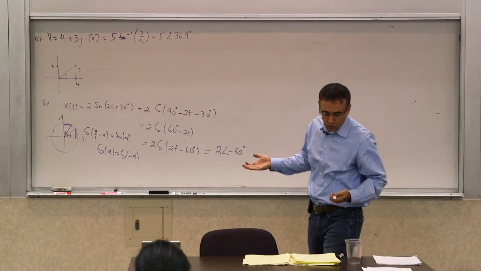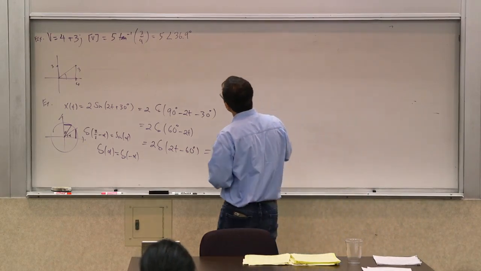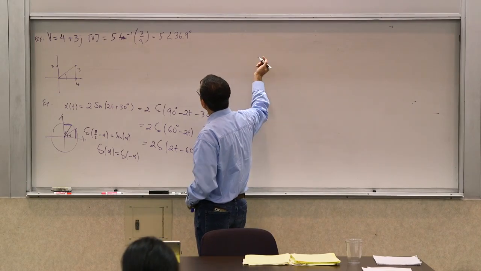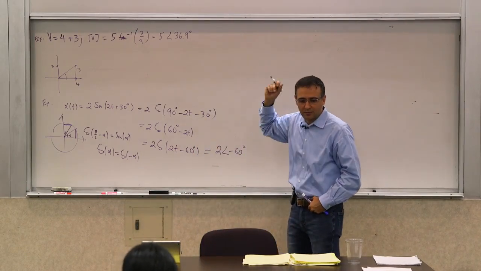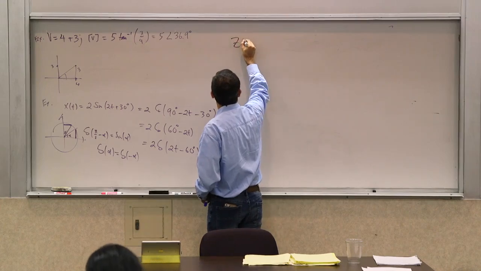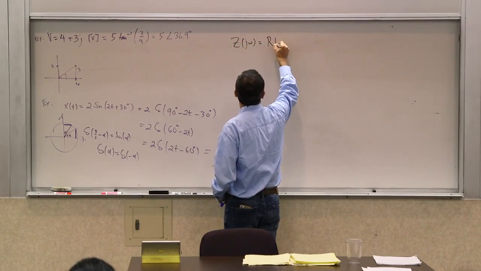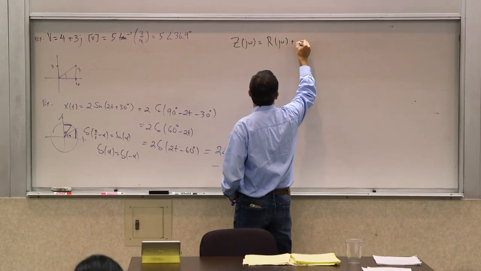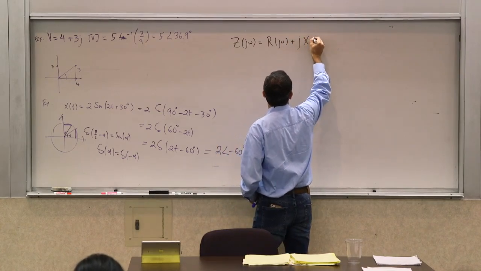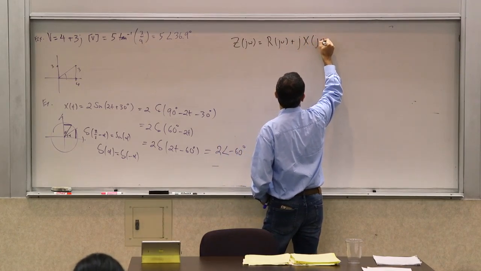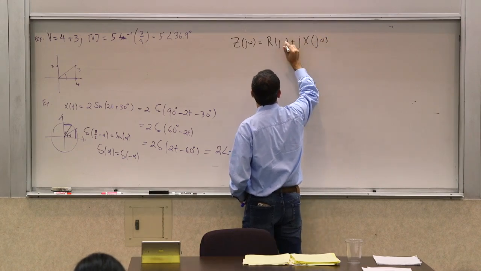Now, the other thing you could do when you have something like this is, again, do the same thing with my impedances. If I have an impedance, Z of j omega, I can write it as a real part, R of j omega, plus an imaginary part, X of j omega. This is a convention that's used very frequently.